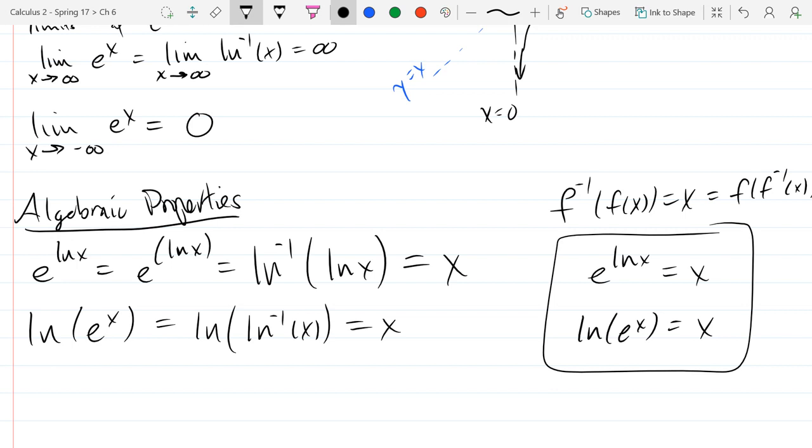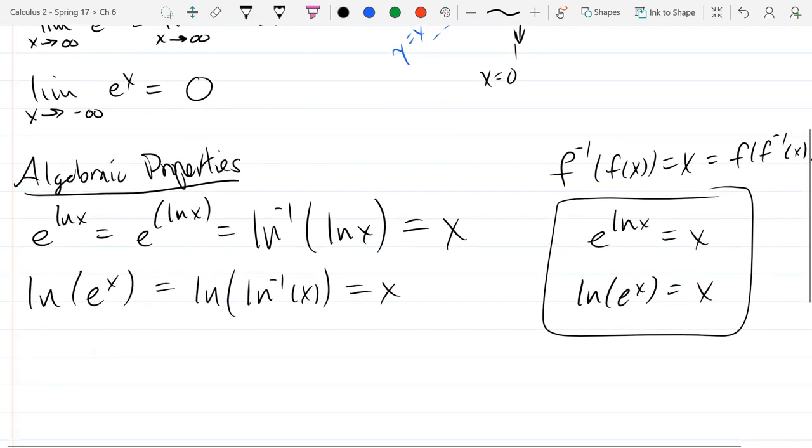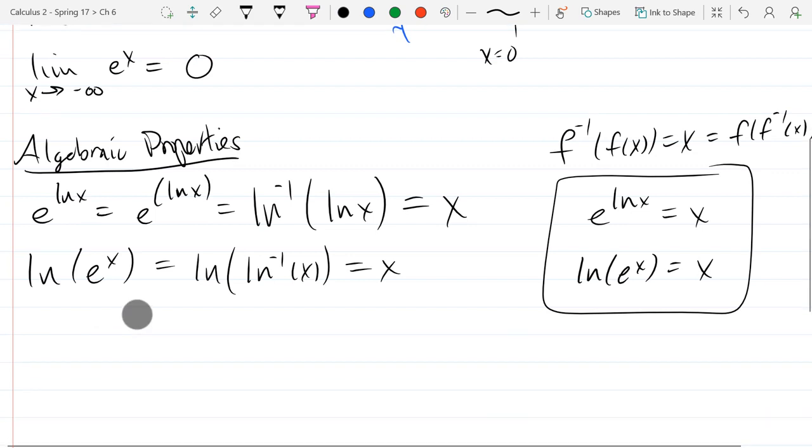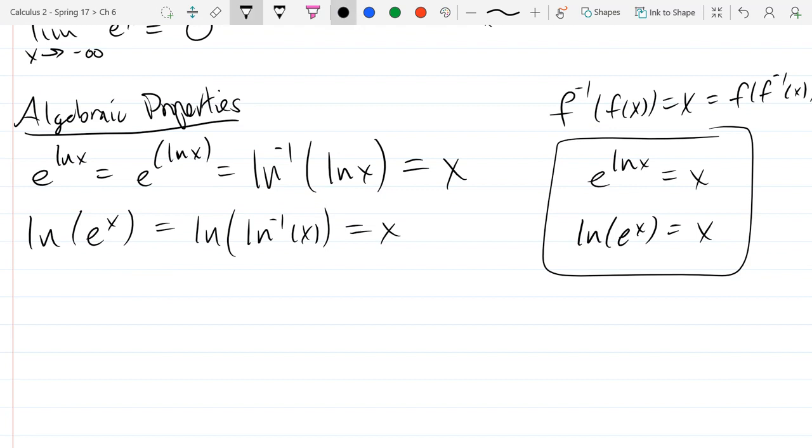There are our first two properties. Those are right from the definition. And we're going to take the derivative now of the second one.